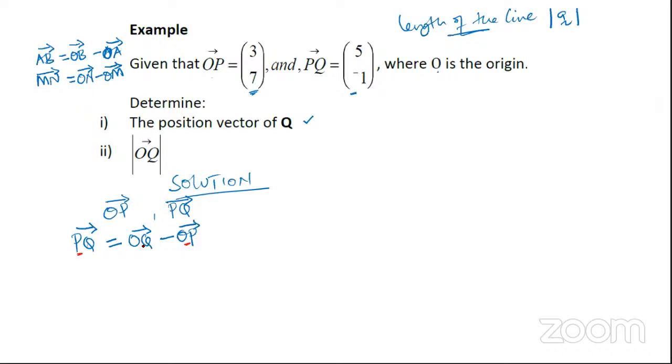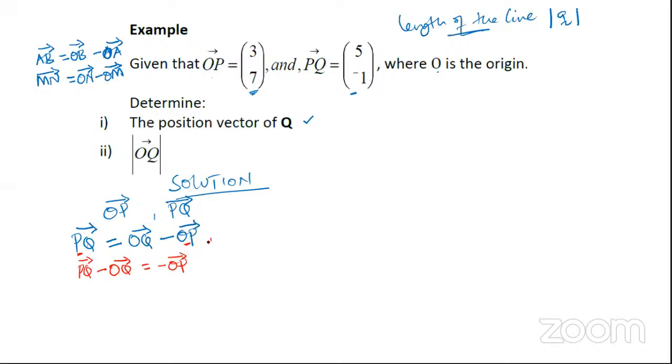So how do we bring this one to this side so that we remain with OP? Vector PQ minus OQ is equal to minus OP.